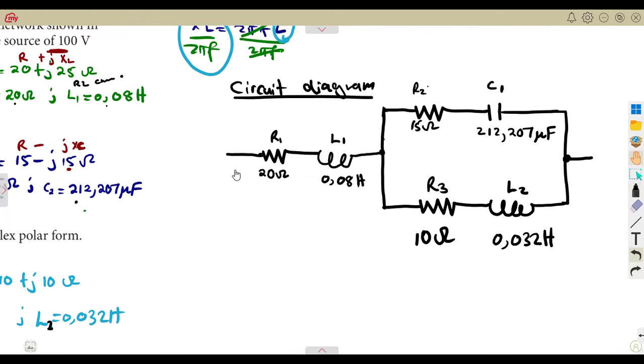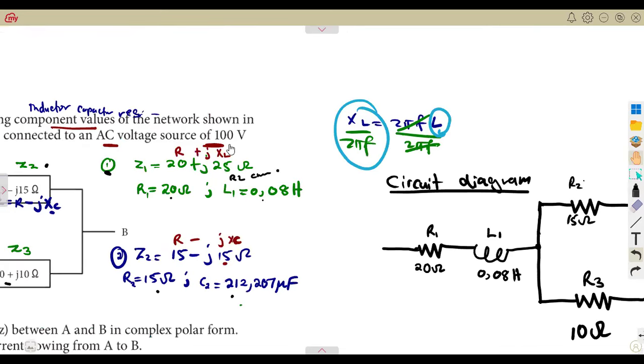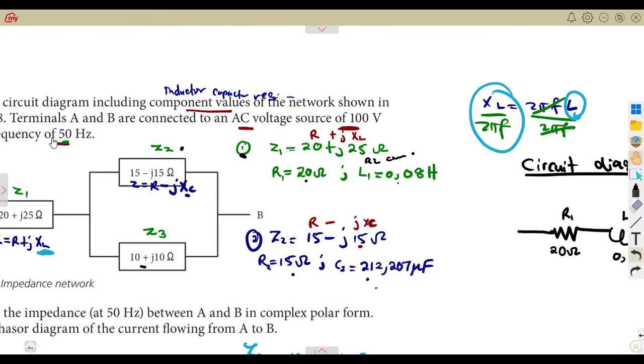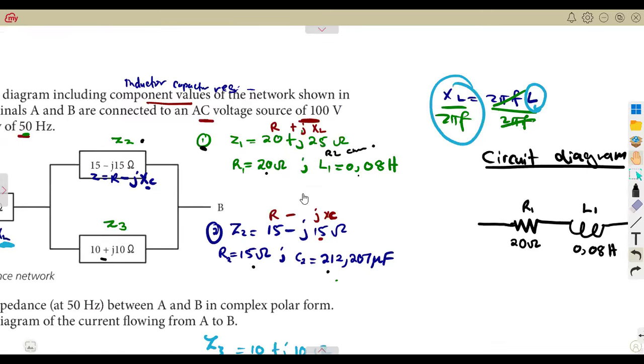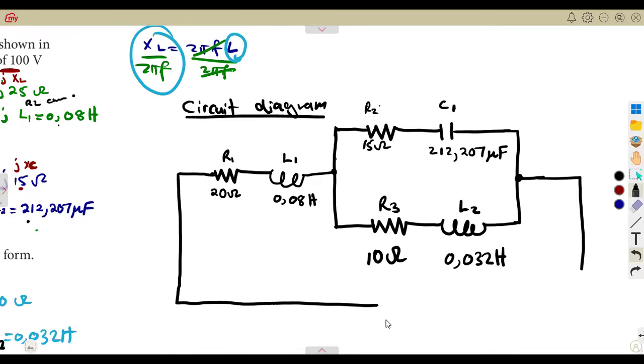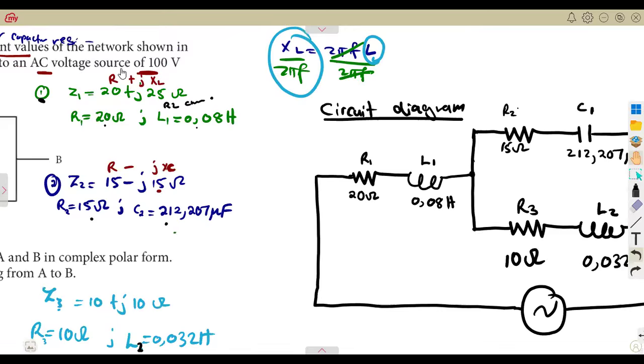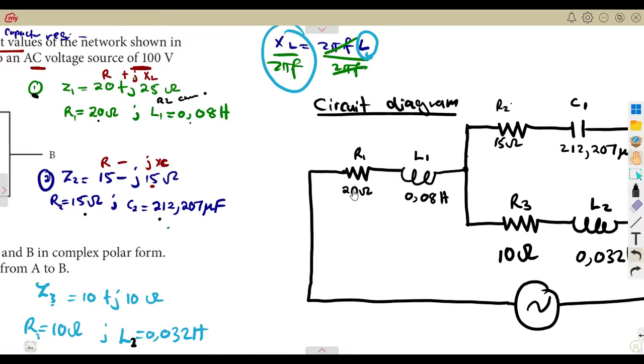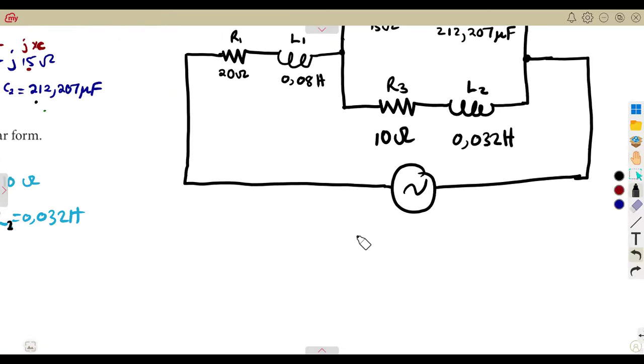But there we are told that this whole connection is connected to 100 volts, 50 hertz. So we must connect to an AC. So this is connected to an AC, like this. The source voltage is 100 volts, so that is our total voltage.